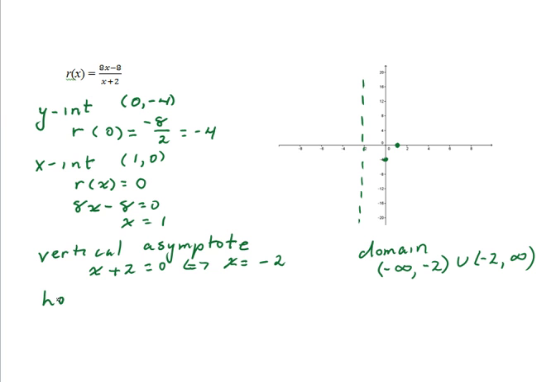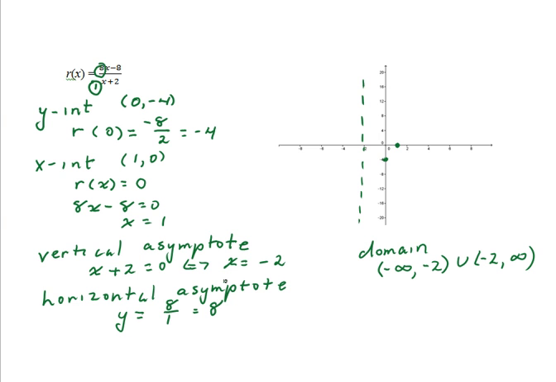The horizontal asymptote requires that we examine the degrees of the numerator and denominator. This time they are the same, both degree 1, and so we have the equation y equals 8 divided by 1, the leading coefficient of the numerator, divided by the leading coefficient of the denominator, which is 8.